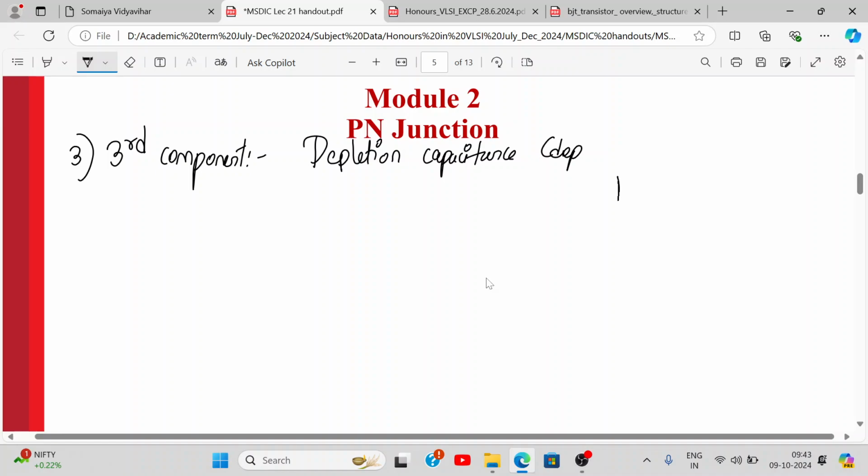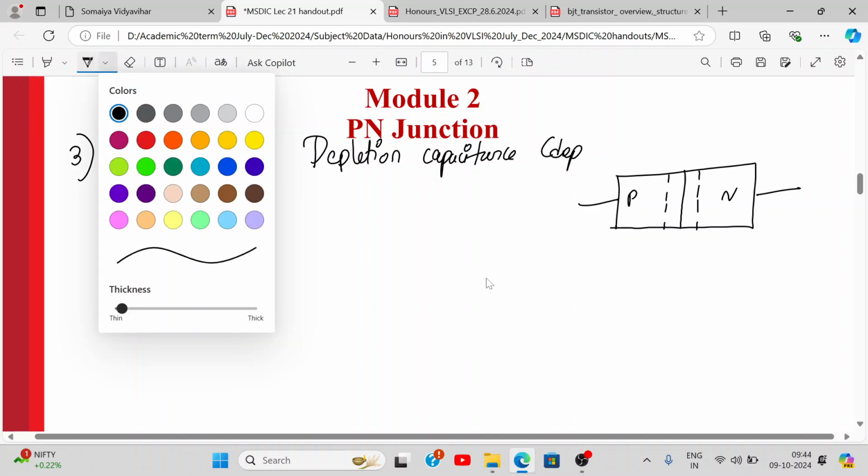All right. So we have a PN junction. This is my P and N, and what is this? I have drawn the depletion region. So the origin of this capacitance comes from the presence of uncovered positive and negative charges on both sides of the junction. So what do you mean by uncovered?